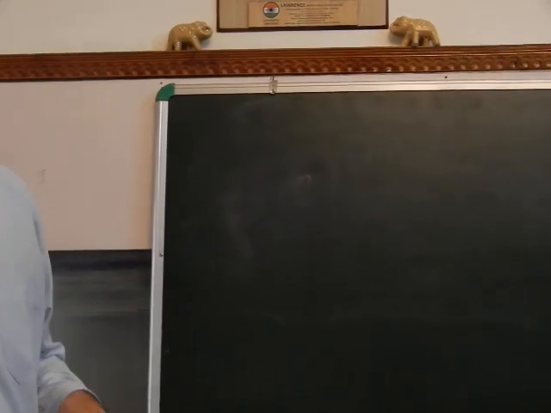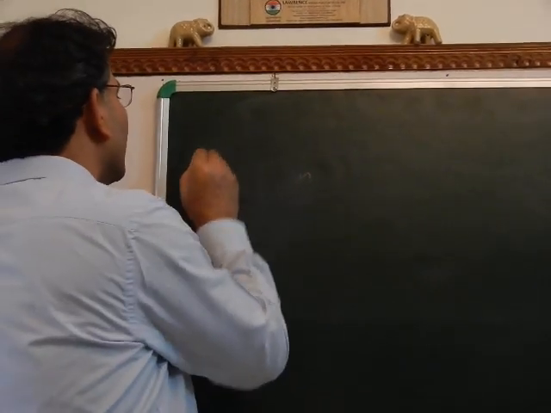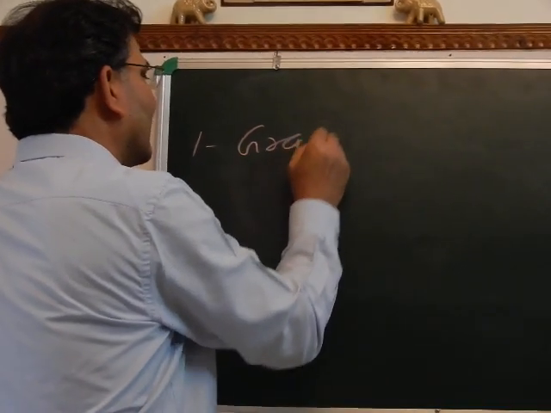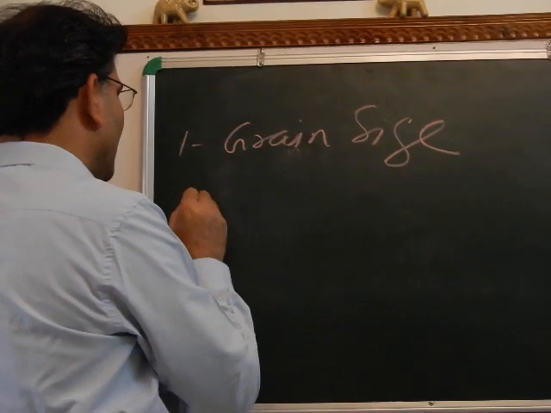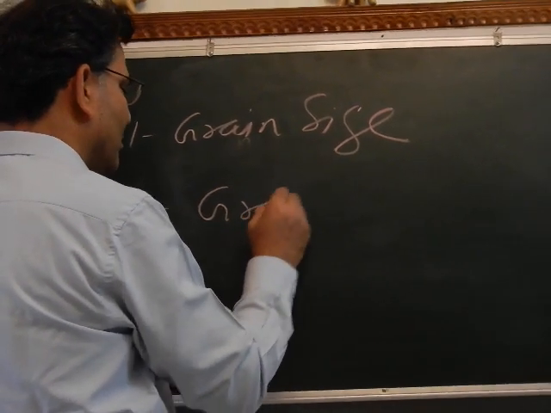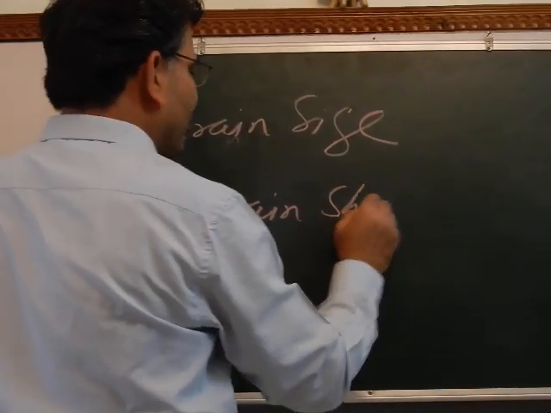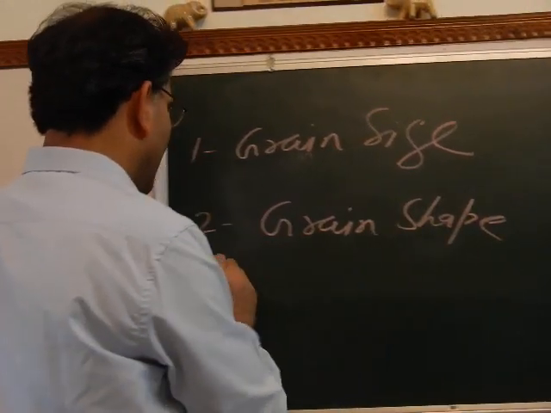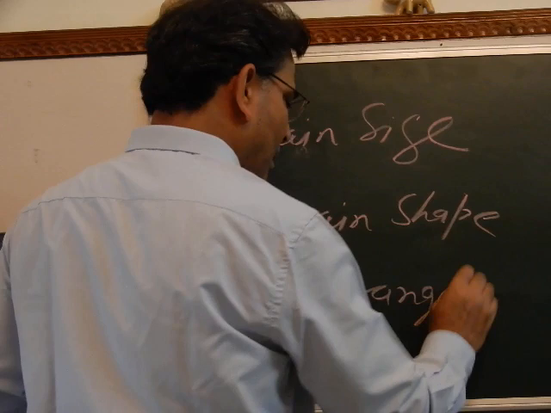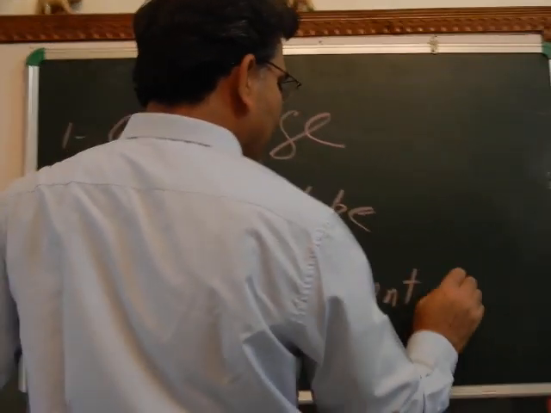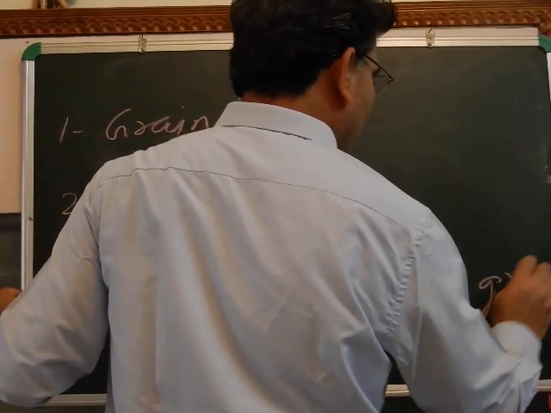So in the texture, number one is grain size, second is grain shape, and third is arrangement of the grains.